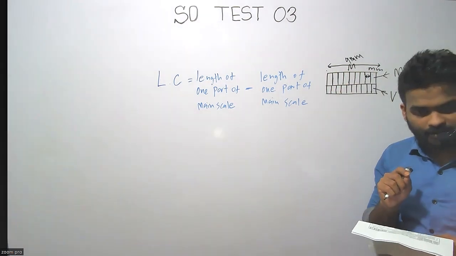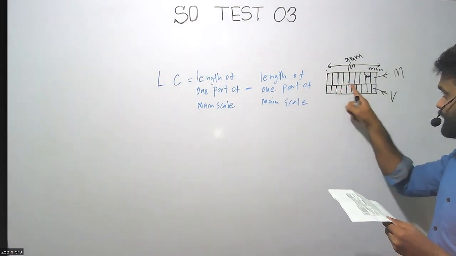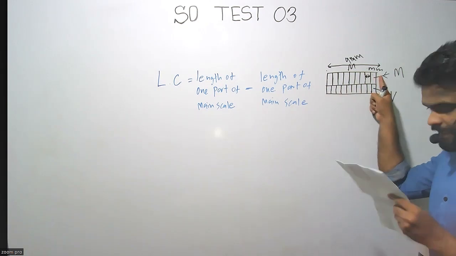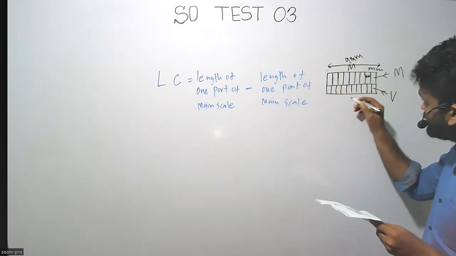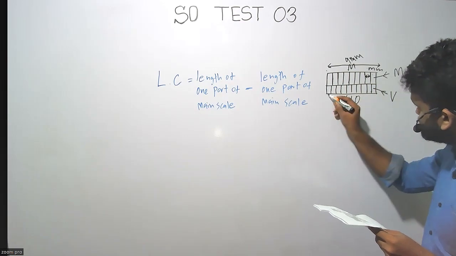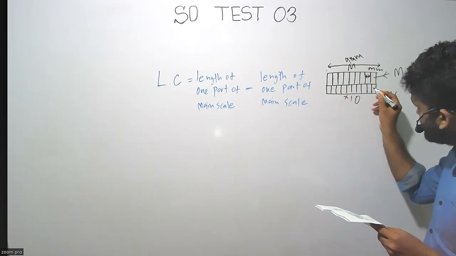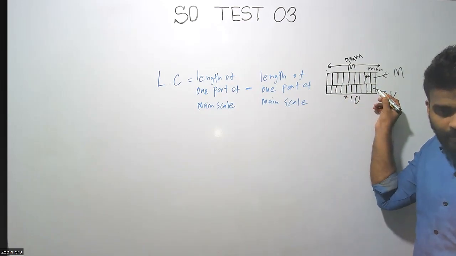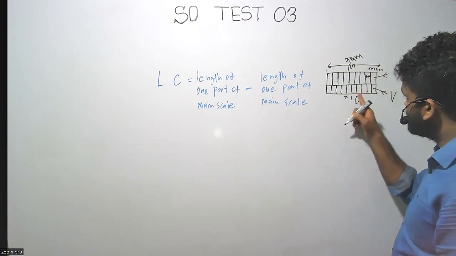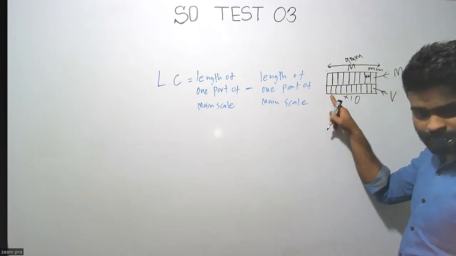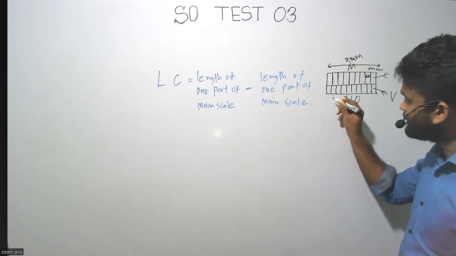So in the question they say that this 9 millimeter length is divided into 10 parts. So this has 10 parts: 1, 2, 3, 4, 5, 6, 7, up to 10 parts, right? So what's the length of one of these parts in the vernier scale?